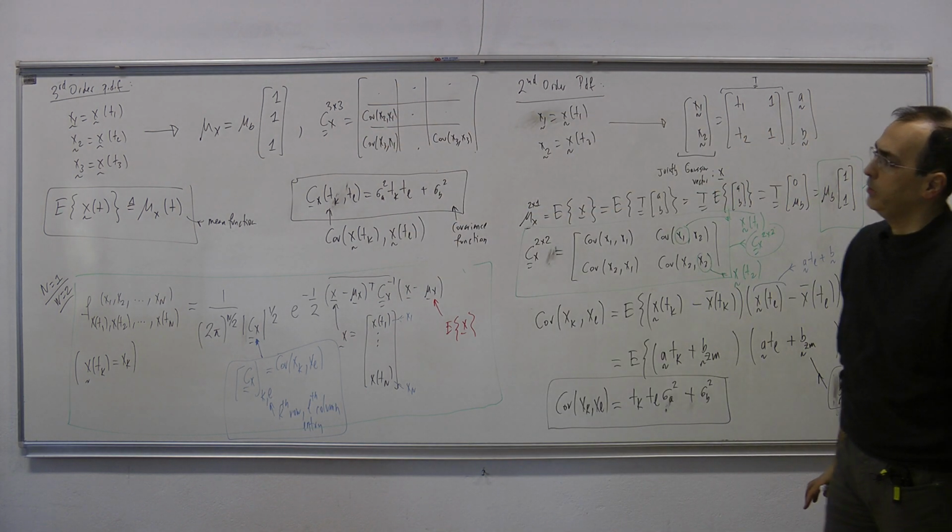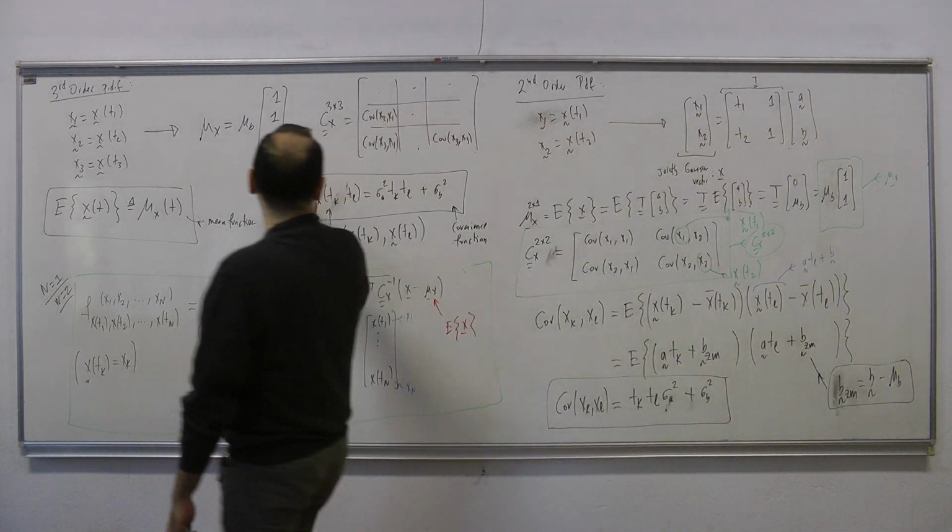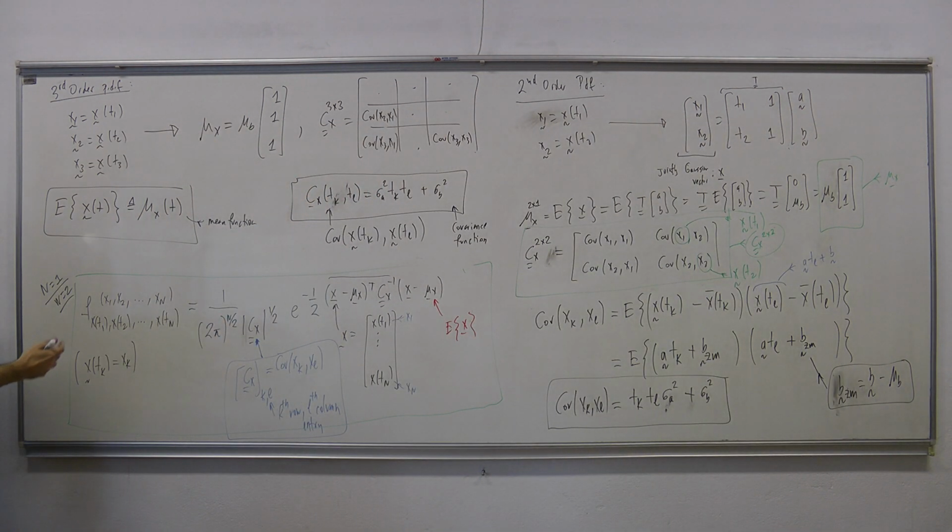You are done, whatever the dimension is. But the difficult part is that you should make sure that you have a Gaussian process. Okay? That is the critical part.